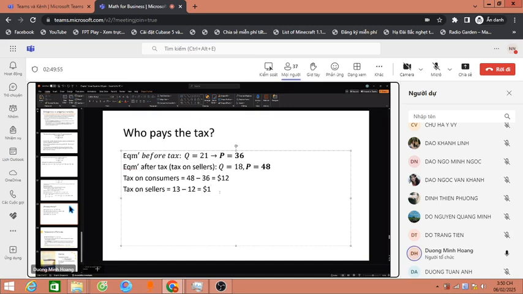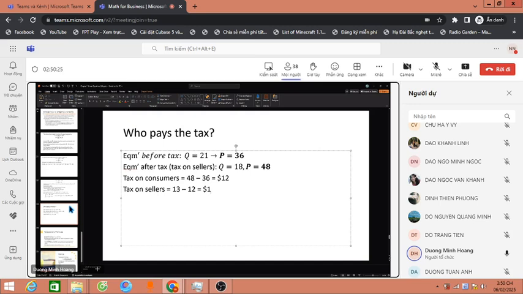So essentially, when there's a tax, sellers in this case push $12 of tax to the consumers, and they only have to pay $1 in tax.